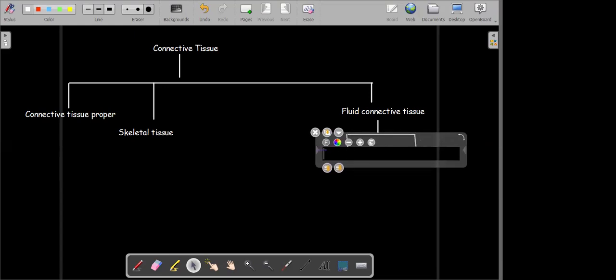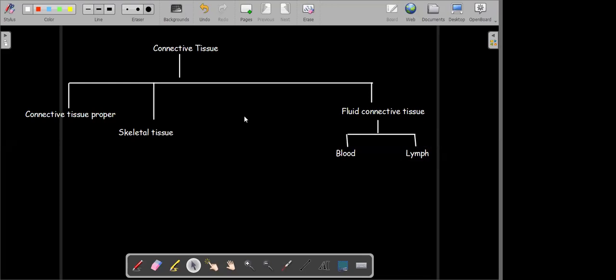I want all of you to make the chart. So blood and lymph, these are the two types of fluid connective tissue. Got it?